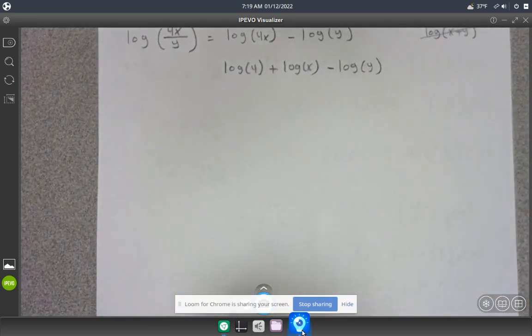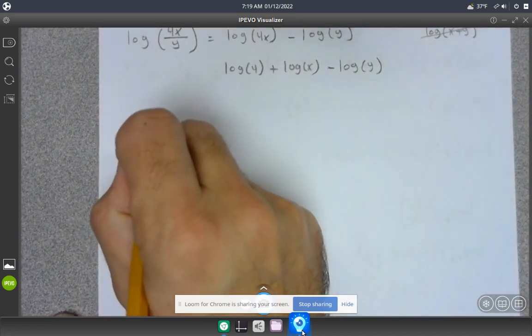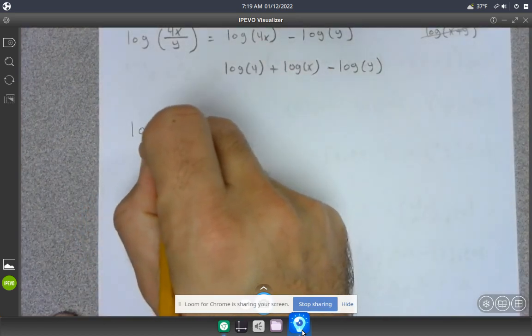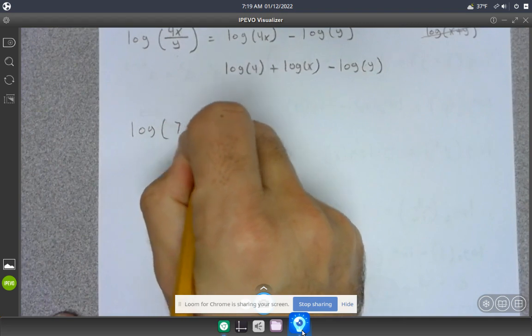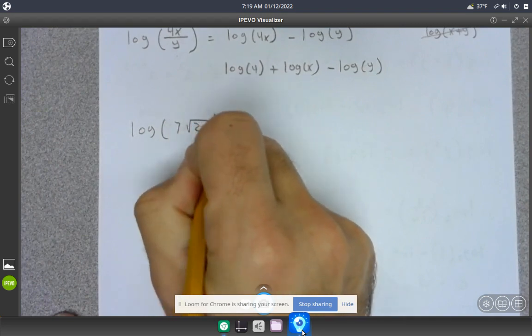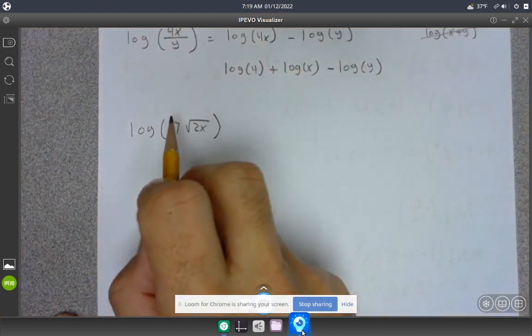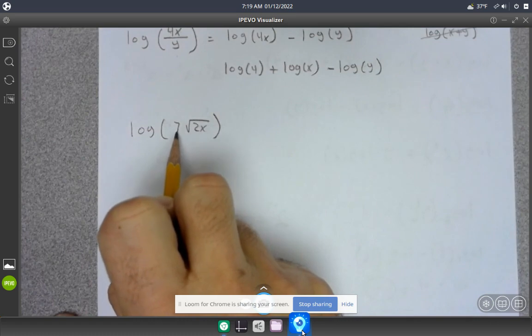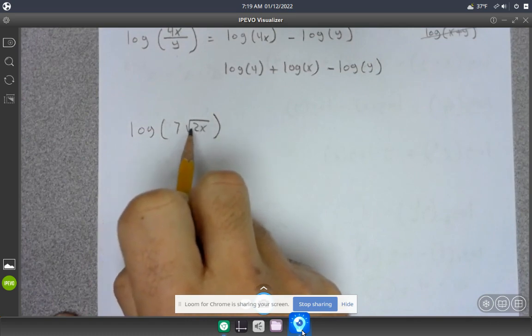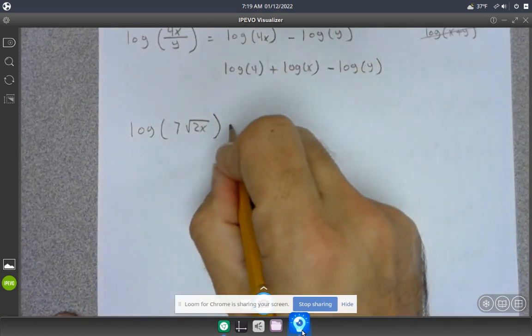One more example here. Log of 7 root 2x. The first thing I'm going to do is separate the 7 from the square root part because they're connected by multiplication.